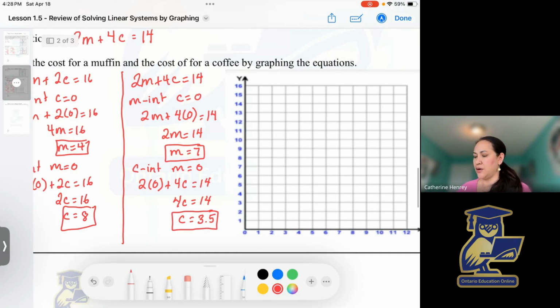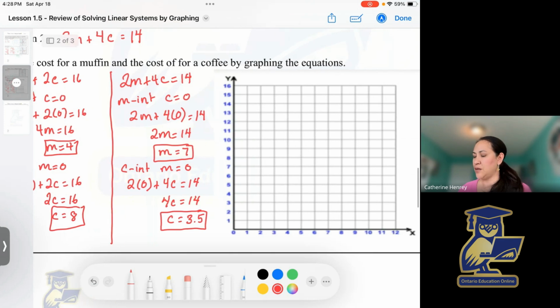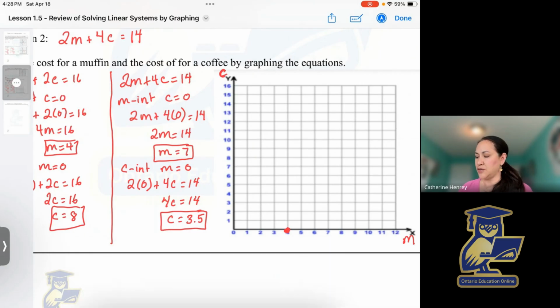All right, let's go to our graph. And we'll graph the intercepts of our first equation, which let's name this axis M and this vertical axis C. So for our first equation, the M-intercept is at 4, and the C-intercept is at 8.